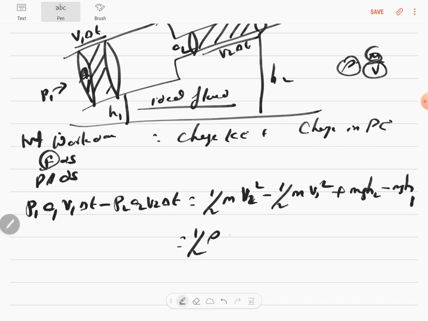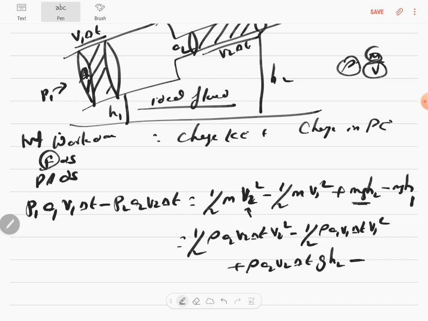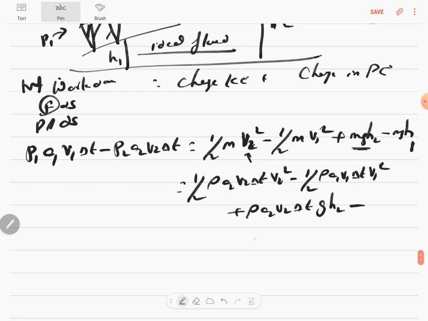The volume on the right hand side is A2 V2 delta T, so half rho A2 V2 delta T into V2 square, minus half rho A1 V1 delta T into V1 square, plus rho A2 V2 delta T g H2 minus rho A1 V1 delta T g H1. On the left hand side you have P1 A1 V1 delta T minus P2 A2 V2 delta T.